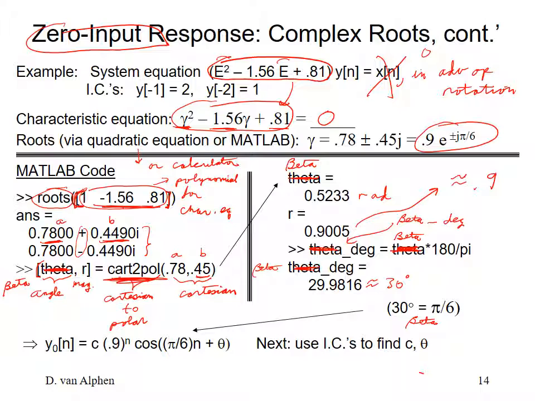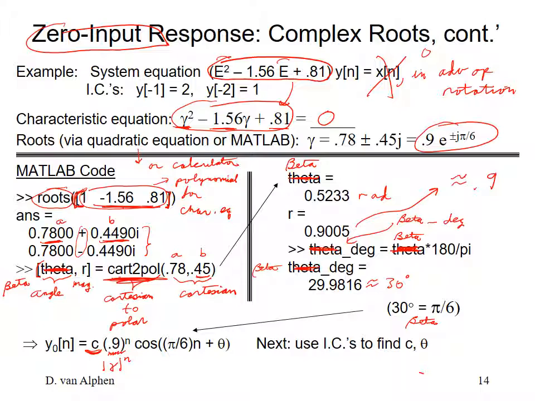Remember, the standard form of the answer coming from the previous page says you take the unknown c, that's one of the things we're going to be looking for, and you take the magnitude of gamma to the nth power. So the magnitude of gamma, that's the thing we called r, is 0.9 roughly.